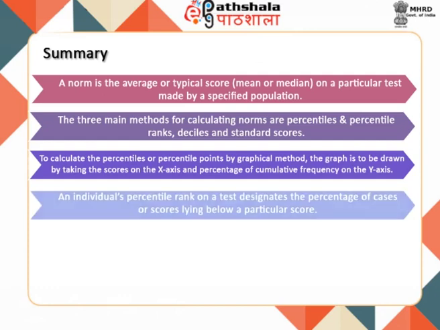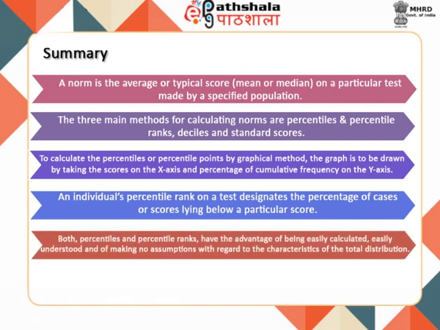An individual's percentile rank on a test designates the percentage of cases or scores lying below a particular score. Both percentiles and percentile rank have the advantage of being easily calculated, easily understood, and making no assumptions with regard to the characteristics of the total distribution.